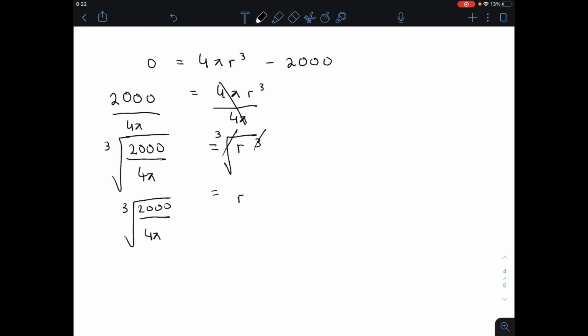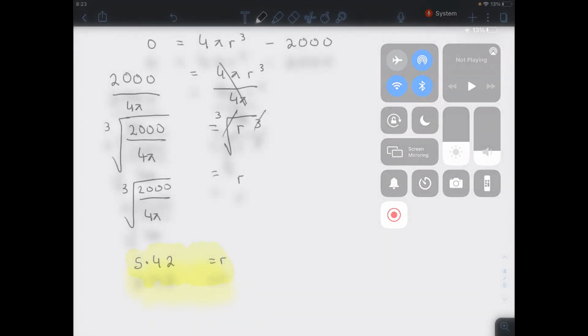Cube root of 2000 divided by 4 pi leaves me with a radius of 5.42. So the dimensions of my can must be 5.42.